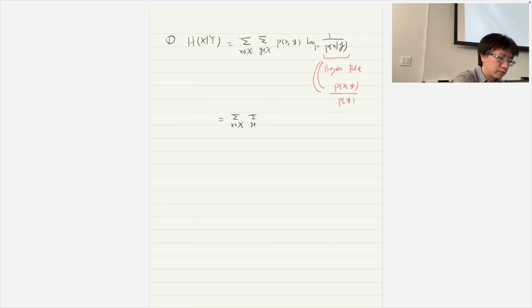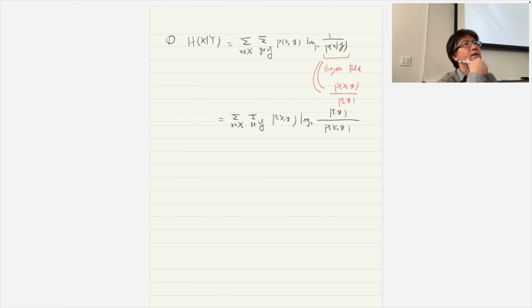Here y should be in calligraphic Y, not x. Then in the log, we should have p(y) upstairs and p(x,y) downstairs.